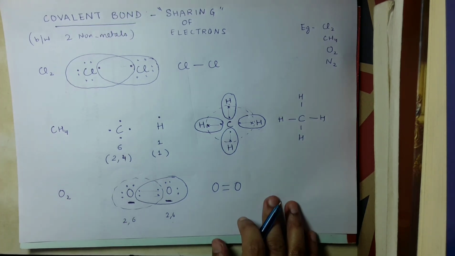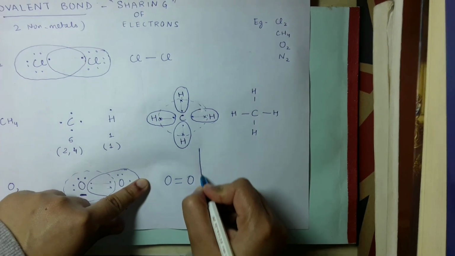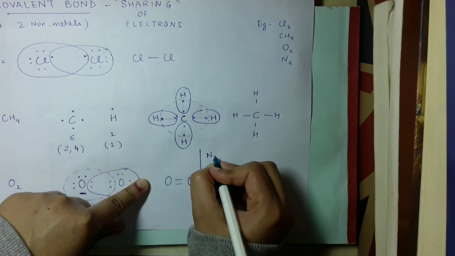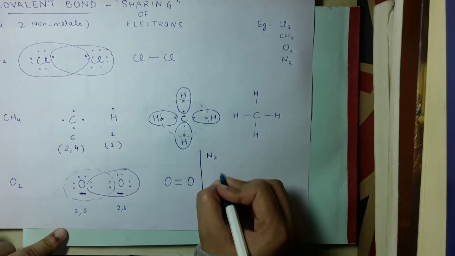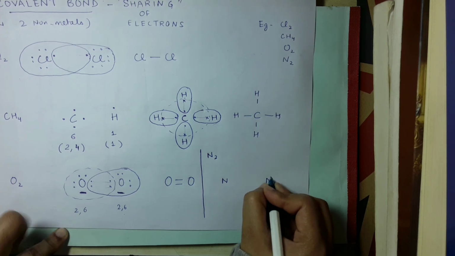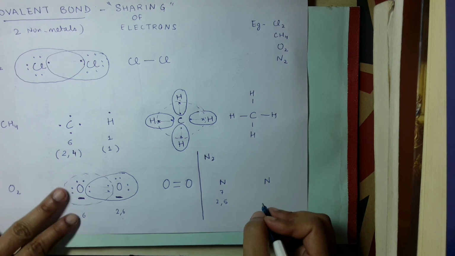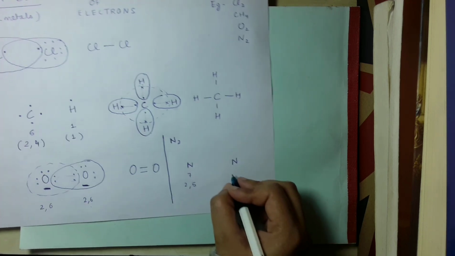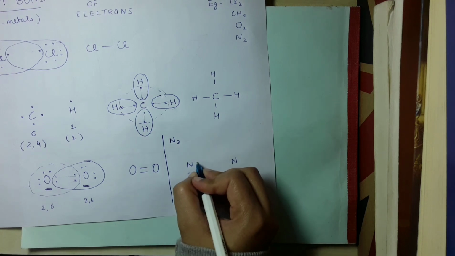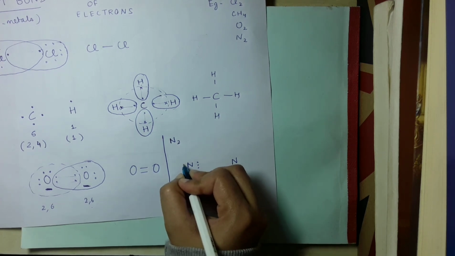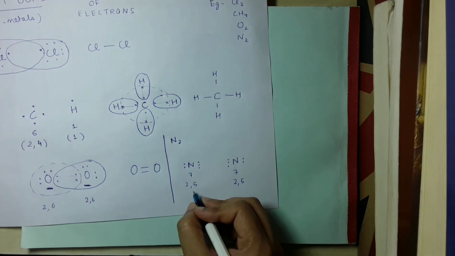One more that I'd like to take up with you is a triple bond example, which is N2. So N has atomic number 7, so it is like 2, 5. So it has 1, 2, 3, 4, 5 electrons in the last shell.